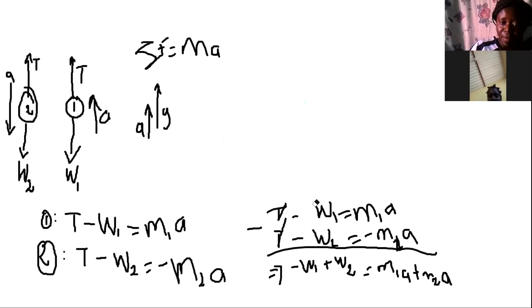Remember, we have the tension minus the weight 1 equals the mass 1 times the acceleration, and we have the tension minus the weight 2 equals minus the mass of 2 times the acceleration.